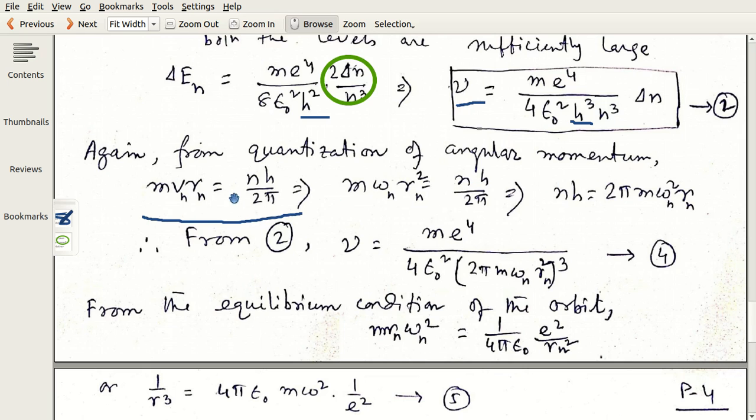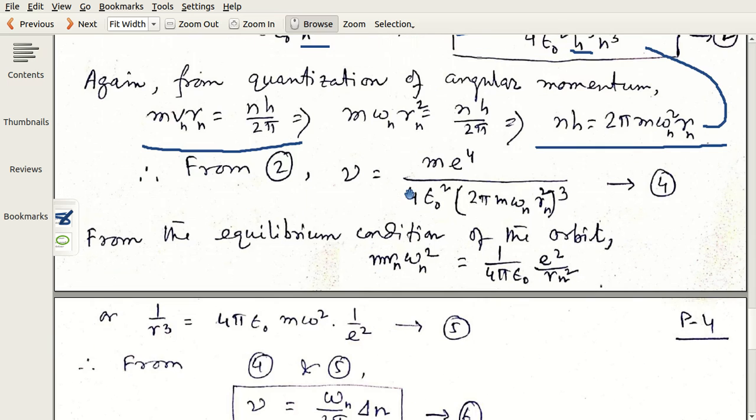As you carry on the calculation, from here you calculate the value of nh and put nh cube in this equation. From this expression, you go back to this expression, put the value of nh, and you get the expression of nu as given in expression 4.